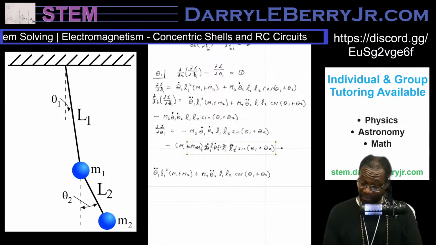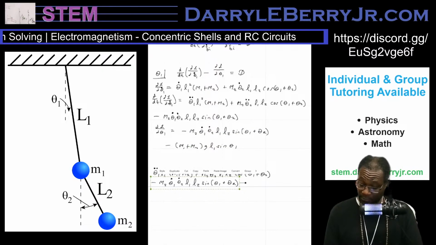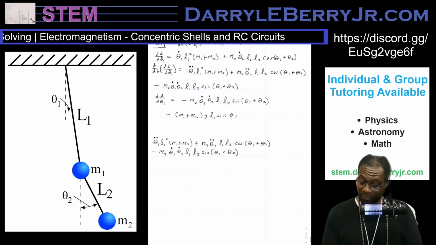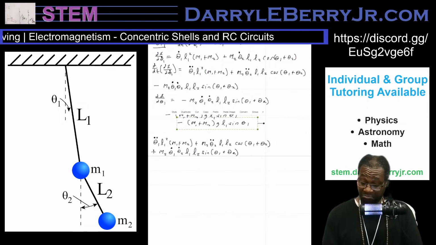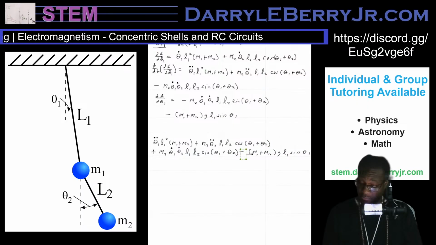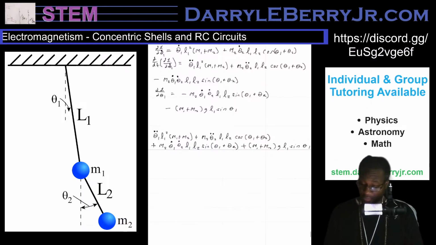There's going to be plus this. Subtracting it already has a negative. And plus this. And we're done. Right. So, and it all equals 0.